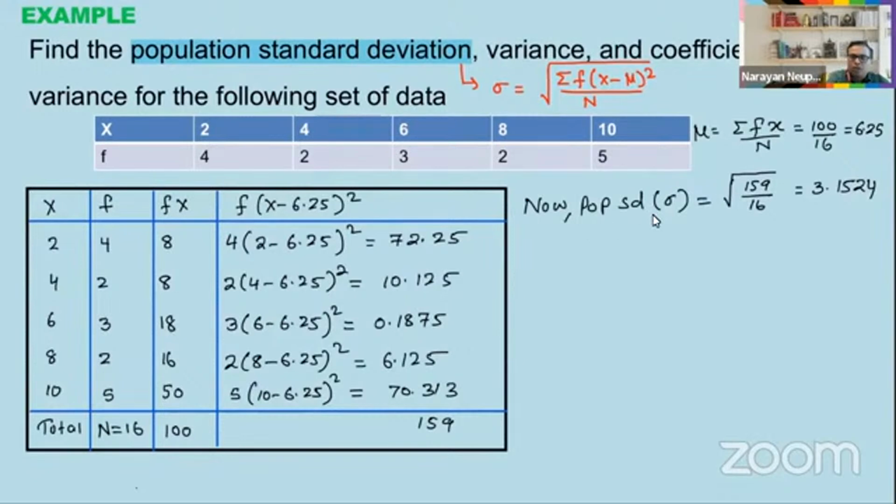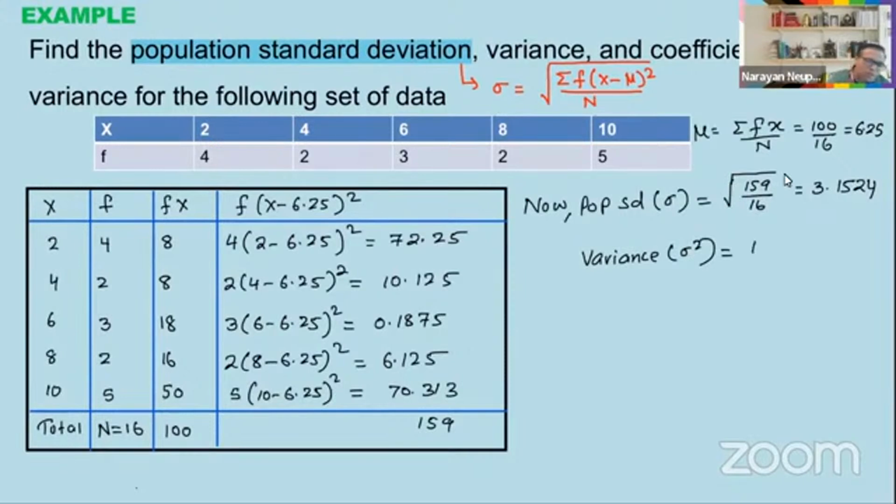Okay, once we get the population standard deviation, second thing we want is the variance, as you can see here. And you know from your previous class, variance is the square of the standard deviation. So variance is sigma squared. Look at the screen here. Sigma, or the population standard deviation, is equal to square root of 159 over 16. When you square it, the square root will go away.